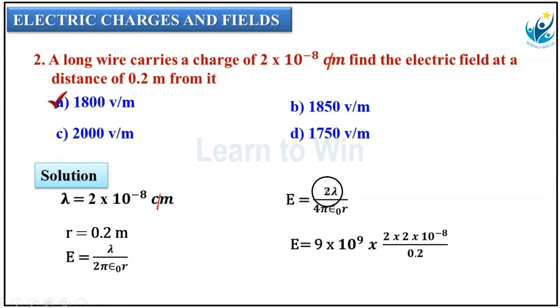Now I multiply and divide with 2. 2 lambda by 2 into 2 pi epsilon naught becomes 4 pi epsilon naught into r. 1 by 4 pi epsilon naught is 9 into 10 power 9 into 2 into lambda, 2 into 10 power minus 8 by r, distance 0.2. Substitute here. In further simplification, we get E as 1800 volt per meter. Means option A is correct.